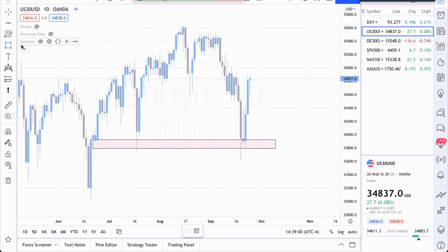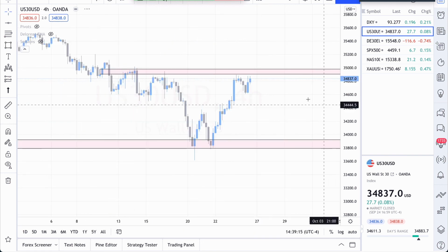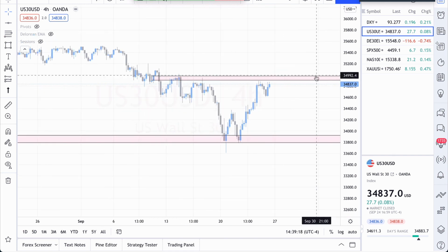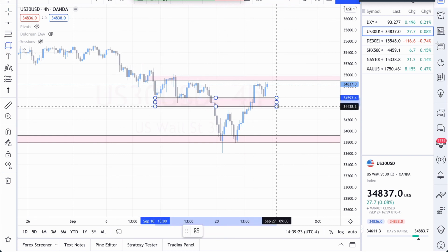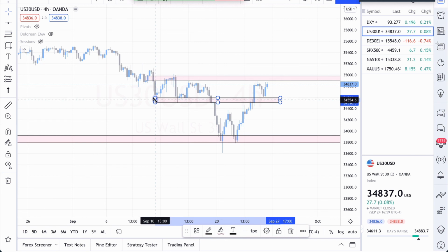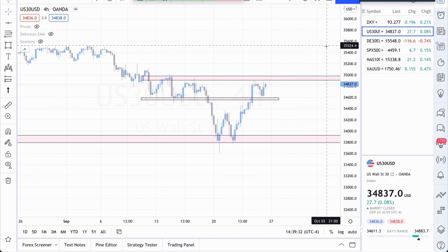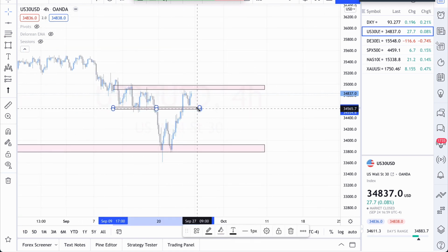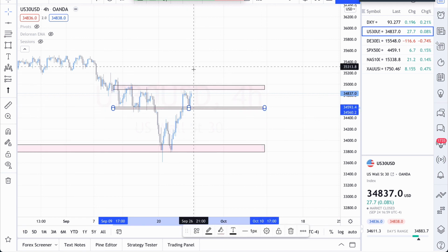So for US 30, the next area I would be looking at, and this is daily, I'll drop down in a second to see if it comes above here. When we drop down to the 4 hour, we see another zone right in here. So if you're a US 30 trader, wait to see what happens between these zones. See if it pushed above or came back.